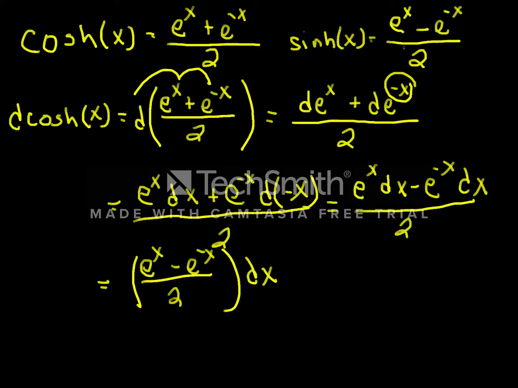And this is what we define to be hyperbolic sine. This is simply the hyperbolic sine dx. So, similar to our trig functions, the derivative of hyperbolic cosine is hyperbolic sine.